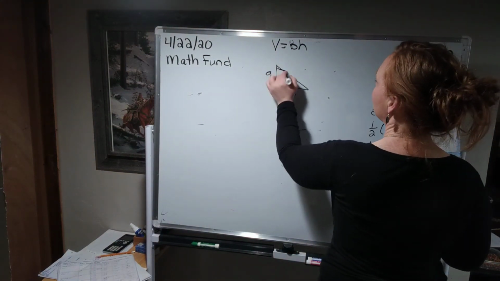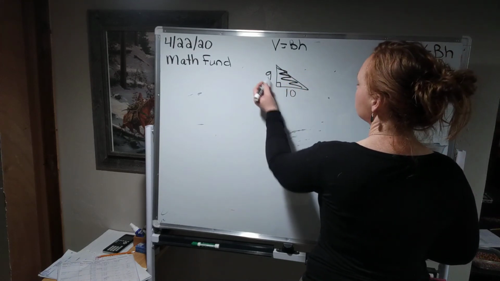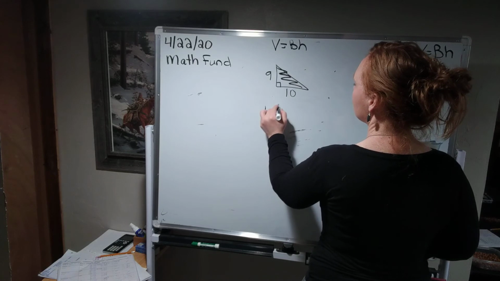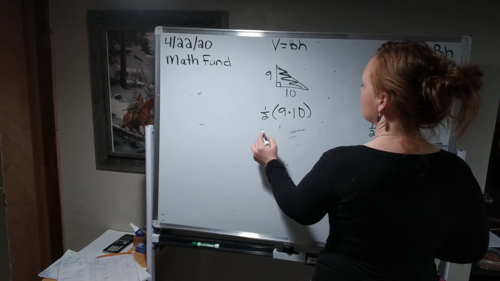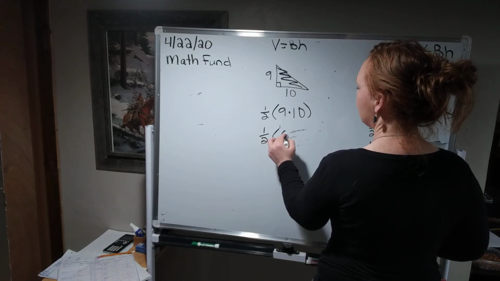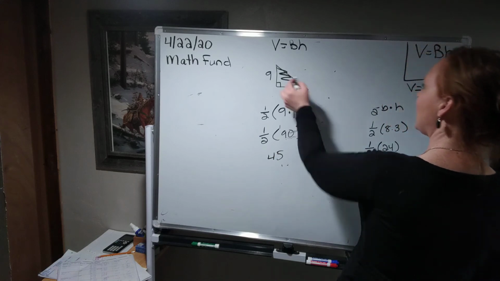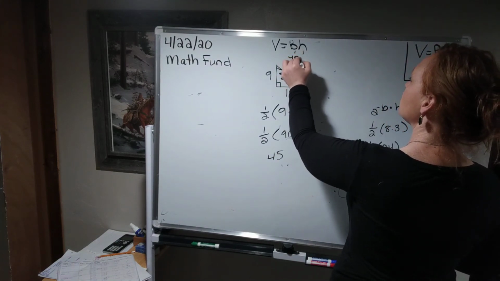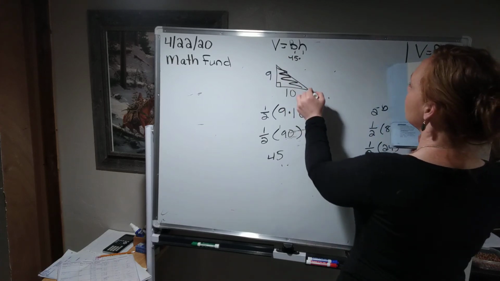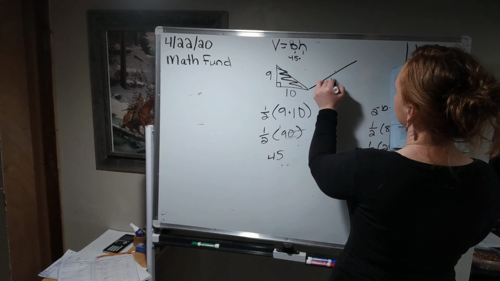So we want to find the area of the base first. We're going to do 1/2 the base times the height, so 1/2 of 90, which equals 45. So my base area is 45. Now I'm going to multiply that times my height, and if I look in my picture, the height of my prism is 15 meters.